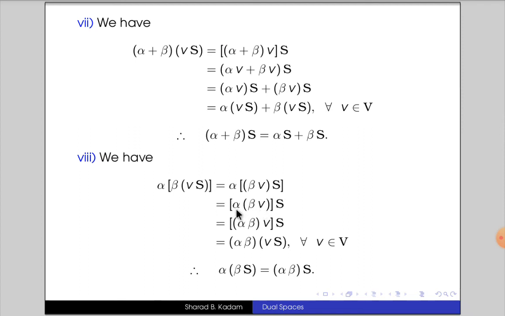As we know that in a vector space V, alpha into (beta v) equals (alpha into beta) v. So this equals S((alpha into beta) v), and this equals ((alpha into beta) into S)(v) for every vector v in the vector space V. So therefore we have shown that alpha into (beta into S) equals (alpha into beta) into S.